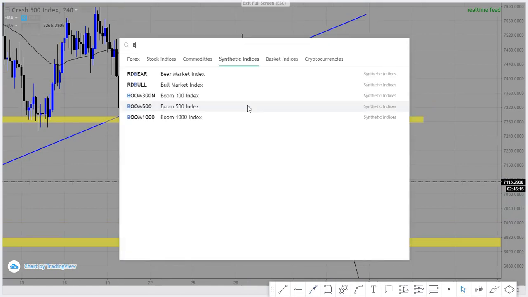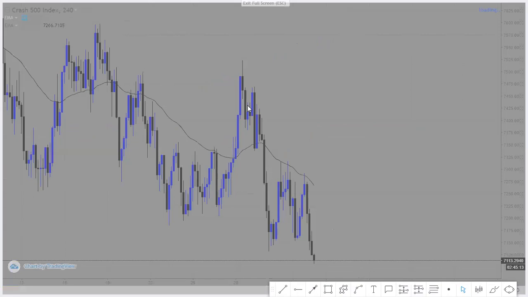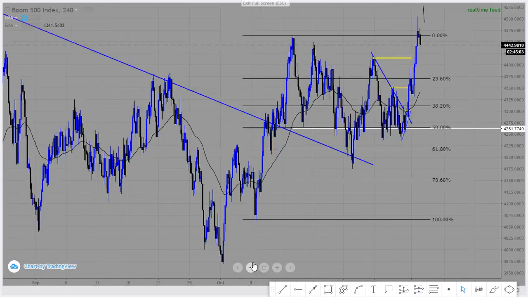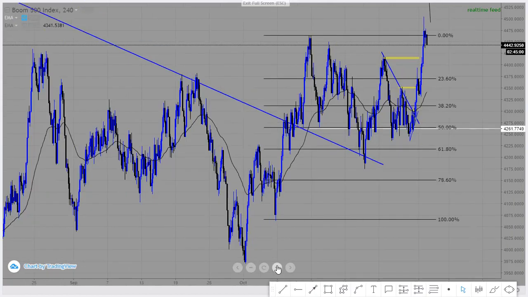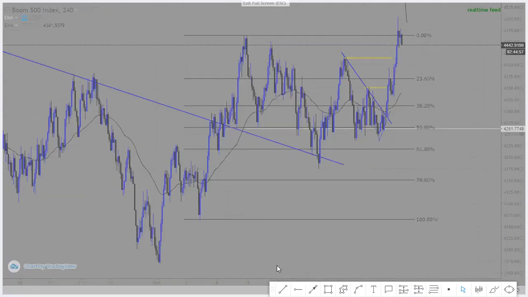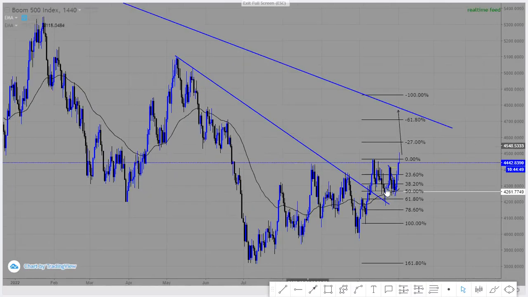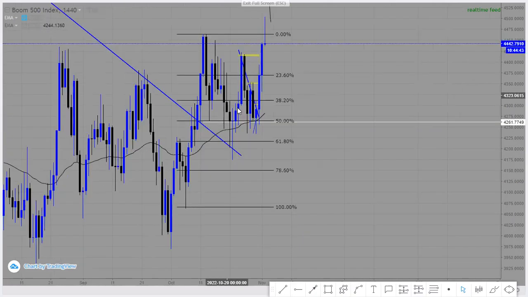So let's go to Boom 500. Right, Boom 500 with this trend line. Remember the trend line that we had, that we're saying once that trend line is broken, this was the trend line, broken, retested, and continued going.